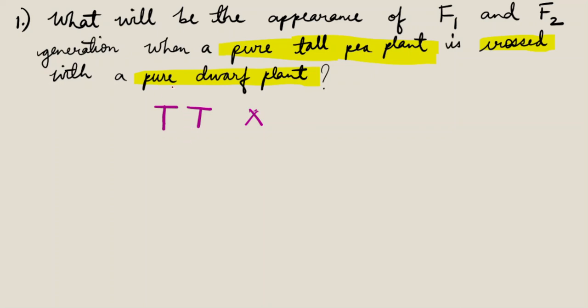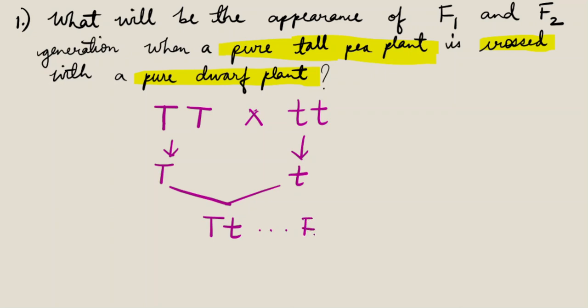If I take pure dwarf plant, then it shows homozygous dwarf. Since these two alleles are similar, we will take only one allele as gamete. So let's take capital T as gamete and small t as gamete. Here there will be fusion of gametes, then you will get capital T, small t. So this will be F1 generation where all the plants are tall.